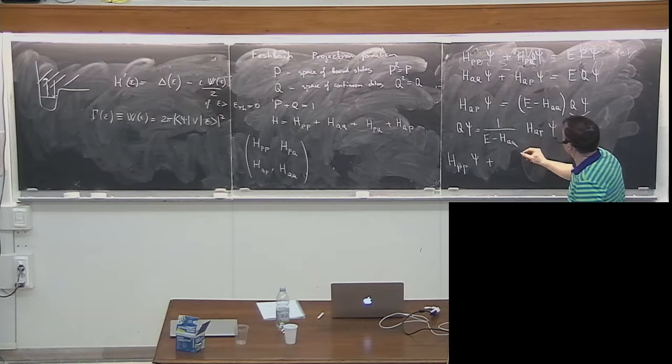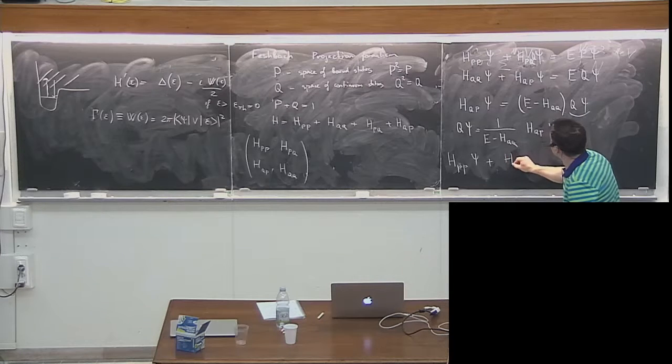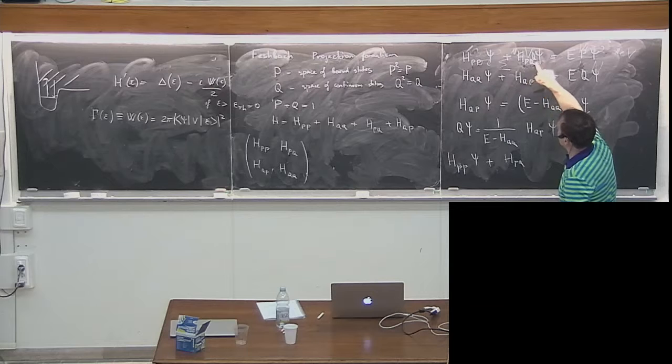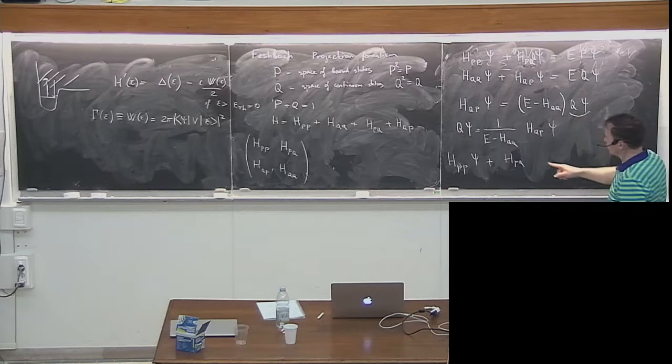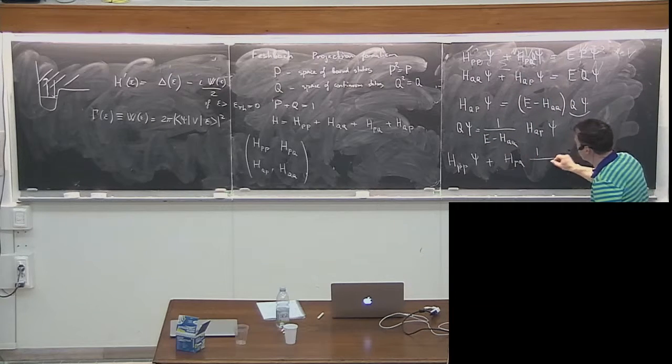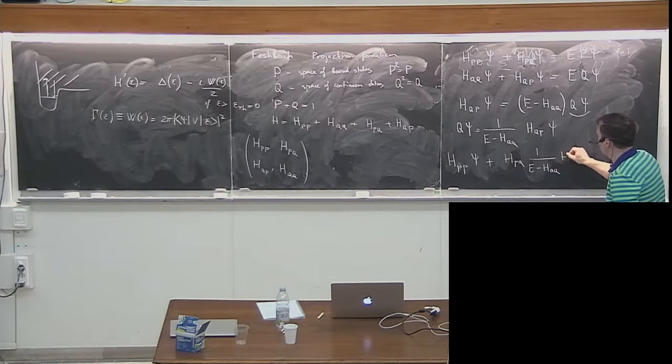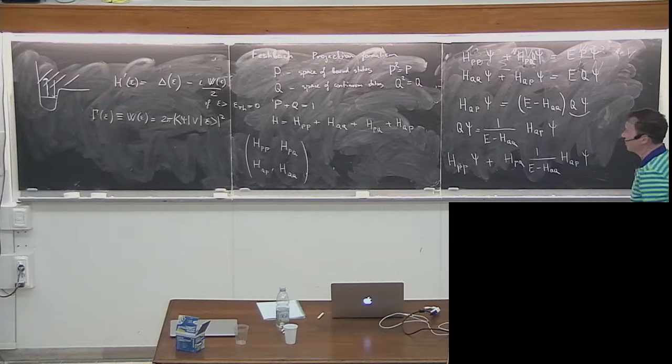Therefore I have H_PQ, acting on this Q psi, which I'm going to take from here. So this is 1 over E minus H_QQ multiplied by H_QP psi. And this equals E times P psi.